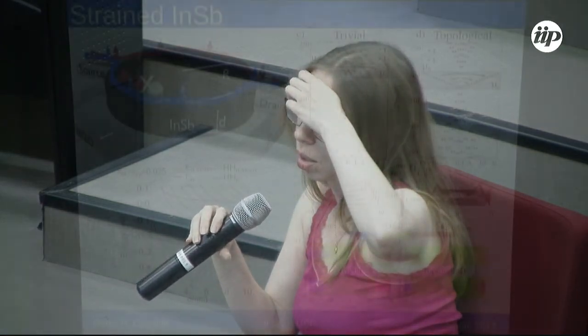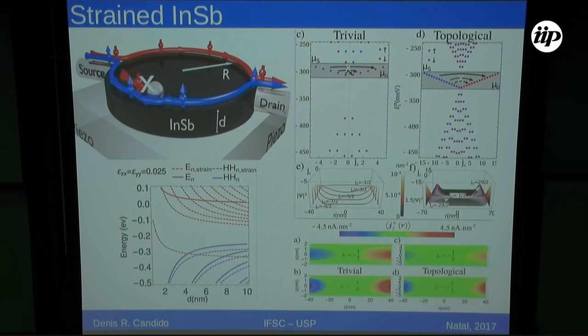So this is a biaxial strain of 2.5%. However, if I put 1%, I obtain the subbands, and they do not cross each other. So they tend like this.